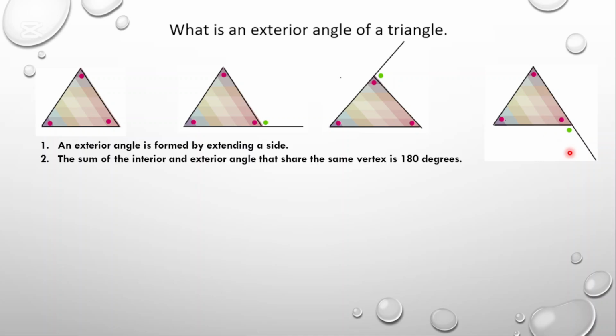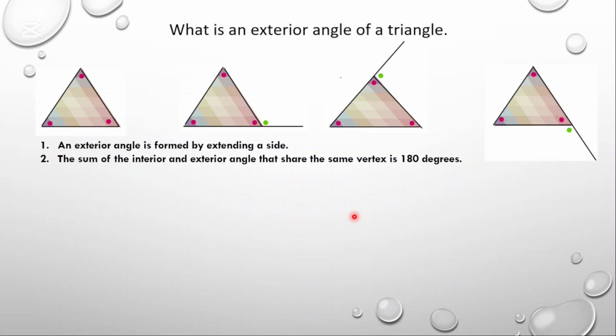Now before we go to the other example, an exterior angle is formed by extending a side. So the minute you extend one of the sides, over there and over there, you get an exterior angle, right? So an exterior angle is formed by extending a side.